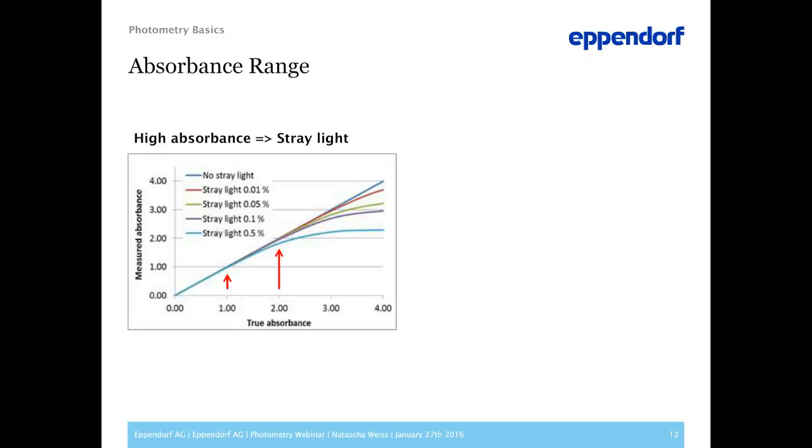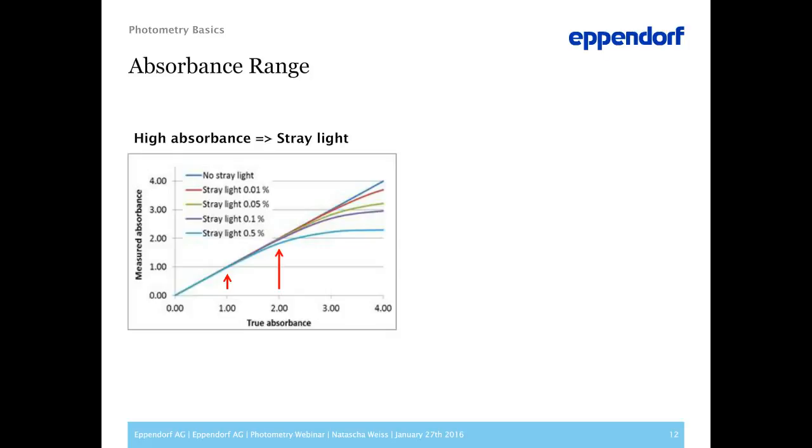The Lambert-Beer Law is not valid for highly concentrated samples due to strong molecular interactions, and limitations are given by stray light effects of the photometer used. Stray light can be caused by scatter or reflection of light inside the device. When reaching the detector, it will severely impact high absorbance measurements.